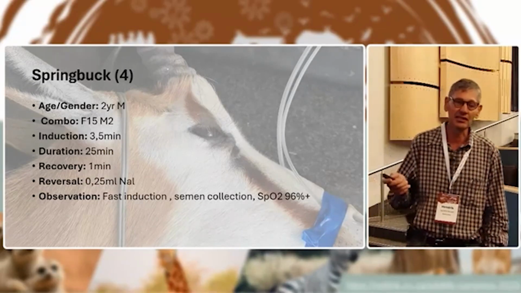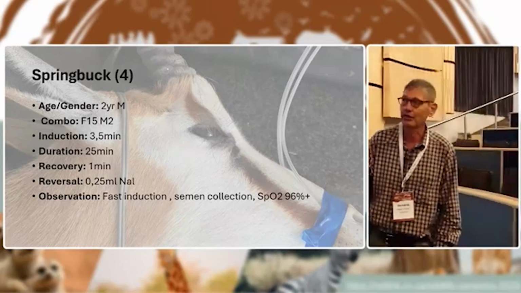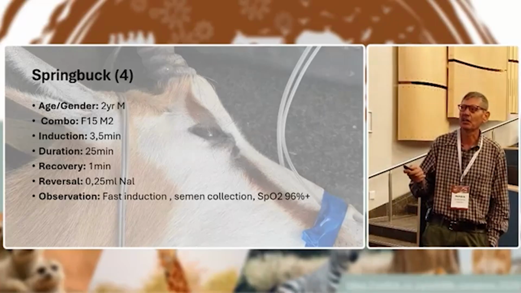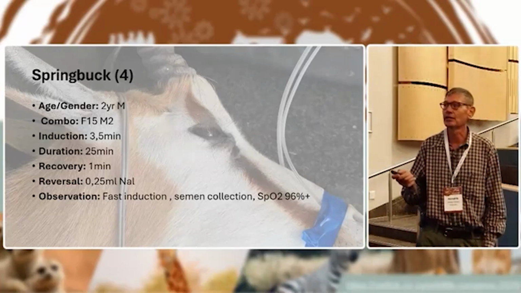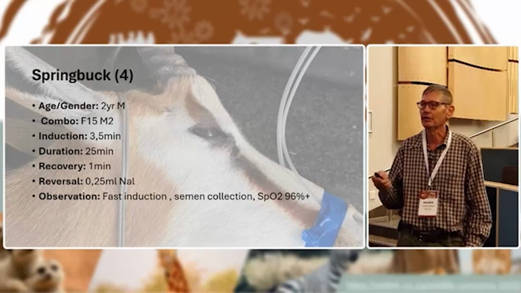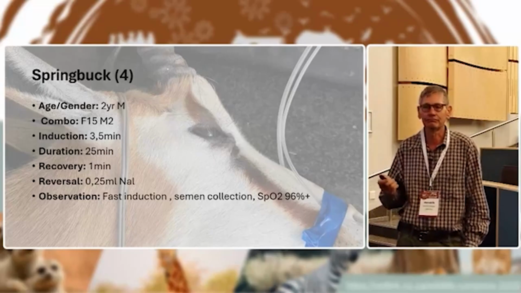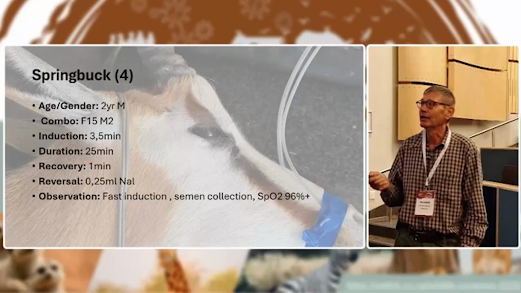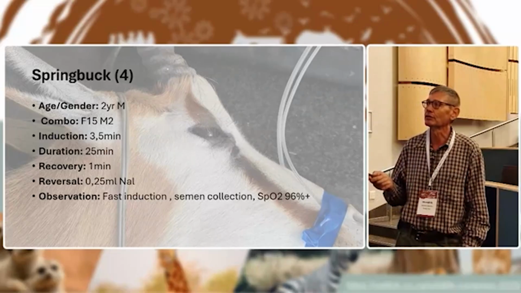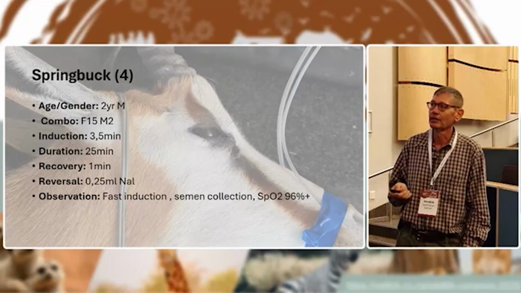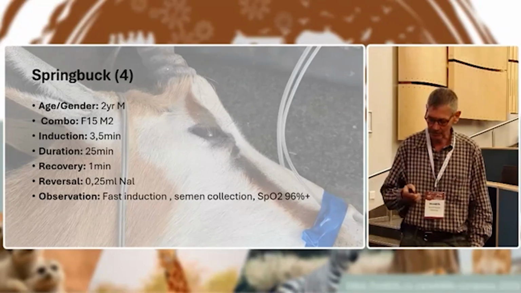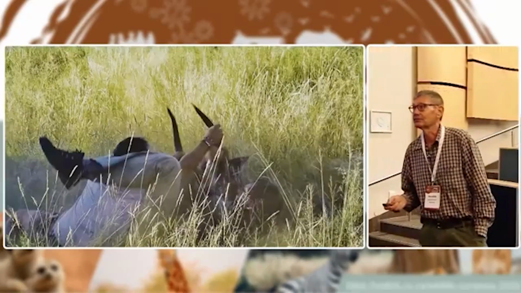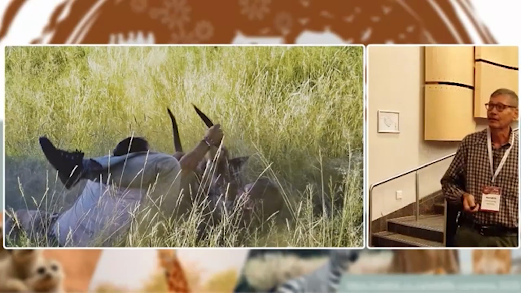I darted him yesterday again for a leg amputation, and there the downtime was also just around 4 minutes. Kept him under for the whole duration, maybe an hour yesterday, and the SpO2 hovered at 96 and up. So this is one of the only animals I've had the pulse ox on, and yeah, just fantastic.